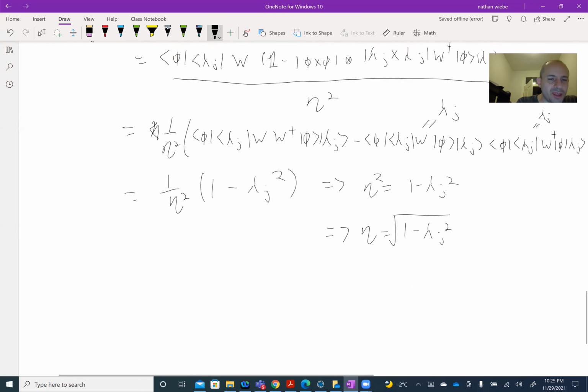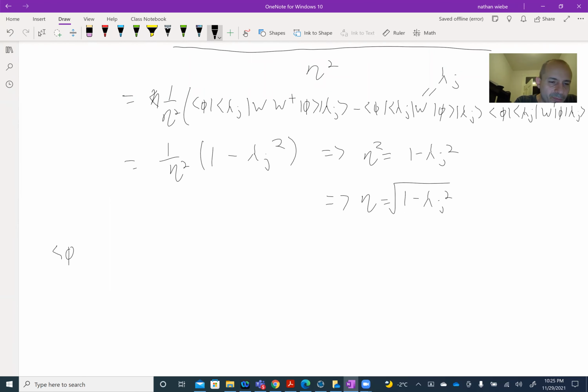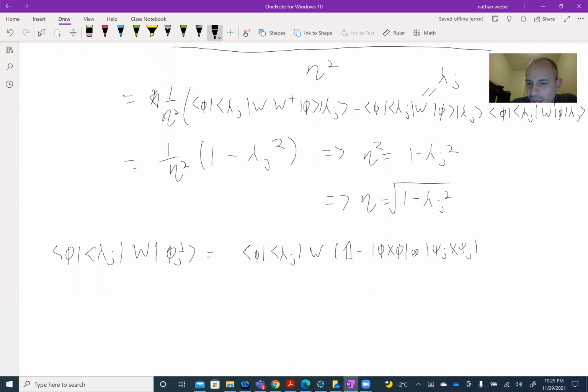So our result is that phi lambda j W phi j perp is equal to, of course, phi lambda j W identity minus the projector onto the initial state, or at the very least the eigenstate, acting on the W adjoint, acting on phi lambda j.